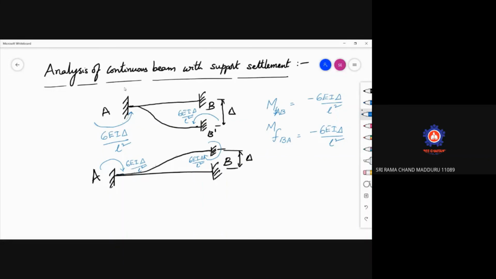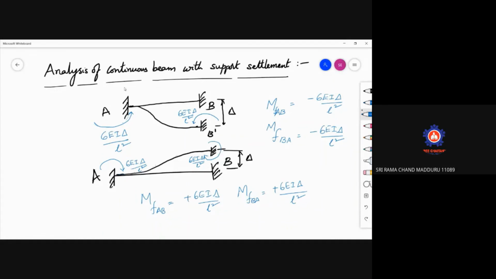So you can observe here now, as the moments are in the clockwise direction, the moments will be considered as positive, which is plus 6 EI delta by L square. And MFBA will be plus 6 EI delta by L square. So both have the same direction, and this will be positive 6 EI delta by L square.